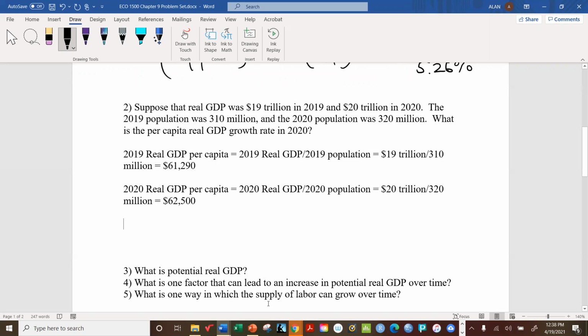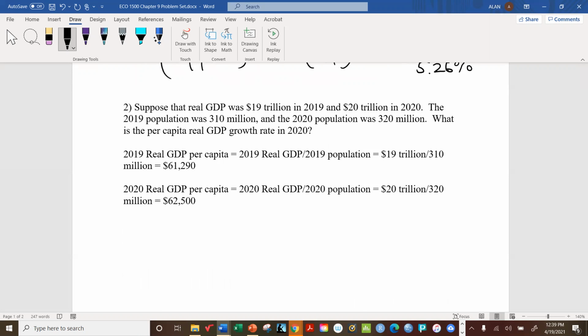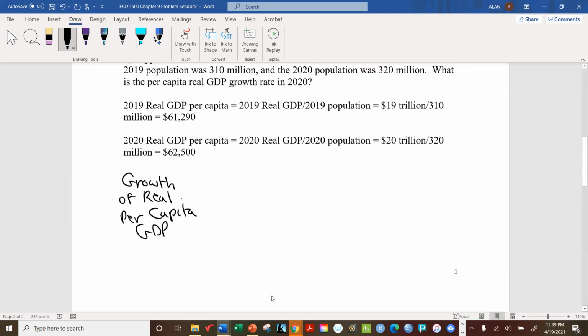Now, with that information in place, what we're going to see here, though, is that the growth rate of real per capita GDP is very similar to what we just did, and requires us to do what we did in part 1.